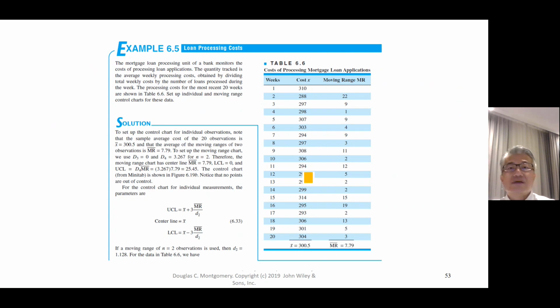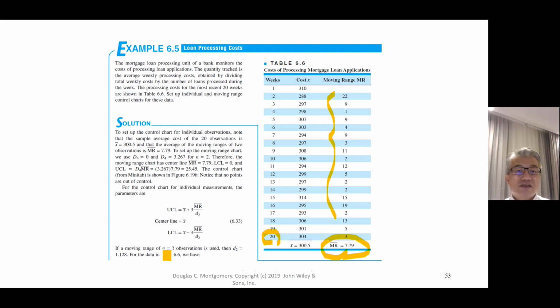So this is 2 minus 1, the 22. And 297 minus 288, this is 9. 298 minus 297 is 1, and so on and so forth. In this case, the 20 samples give only 19 moving ranges. Then we take the average, which is 7.79.